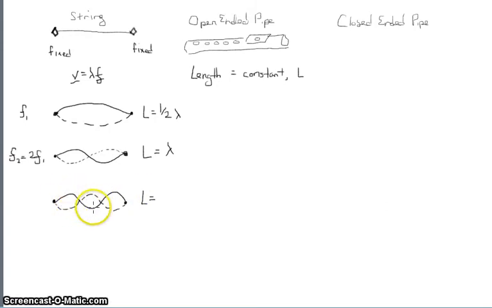If I go through here, I have one whole cycle, then a half of a cycle, so this is 3 halves of lambda. The frequency will be 3 times the fundamental, and this is known as the third harmonic. Remember that the harmonics are just multiples of the original. If we keep going, you just add one loop each time.